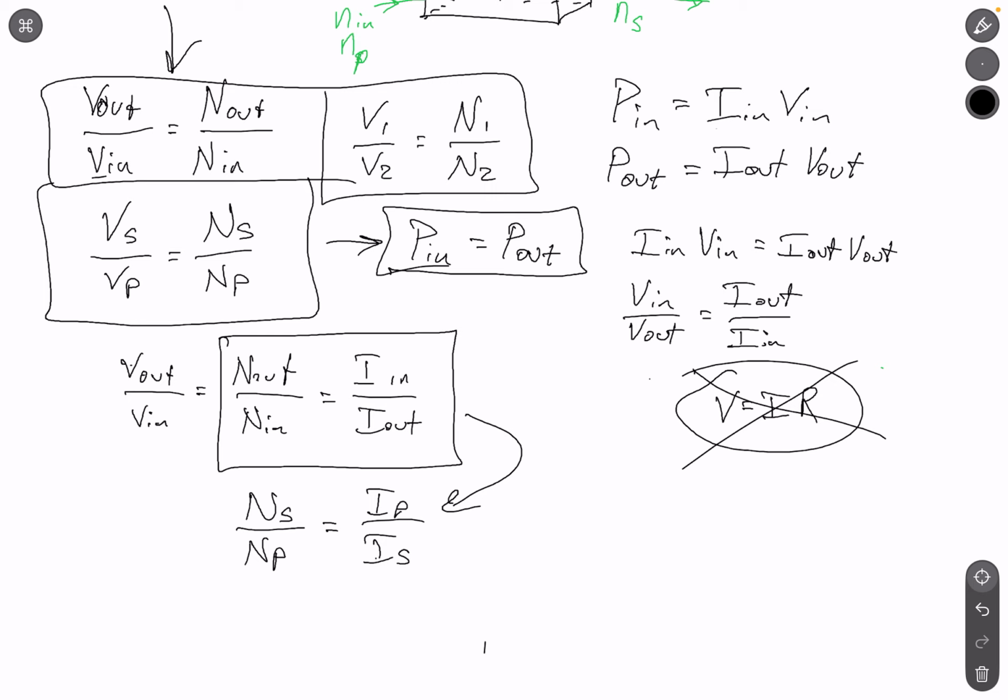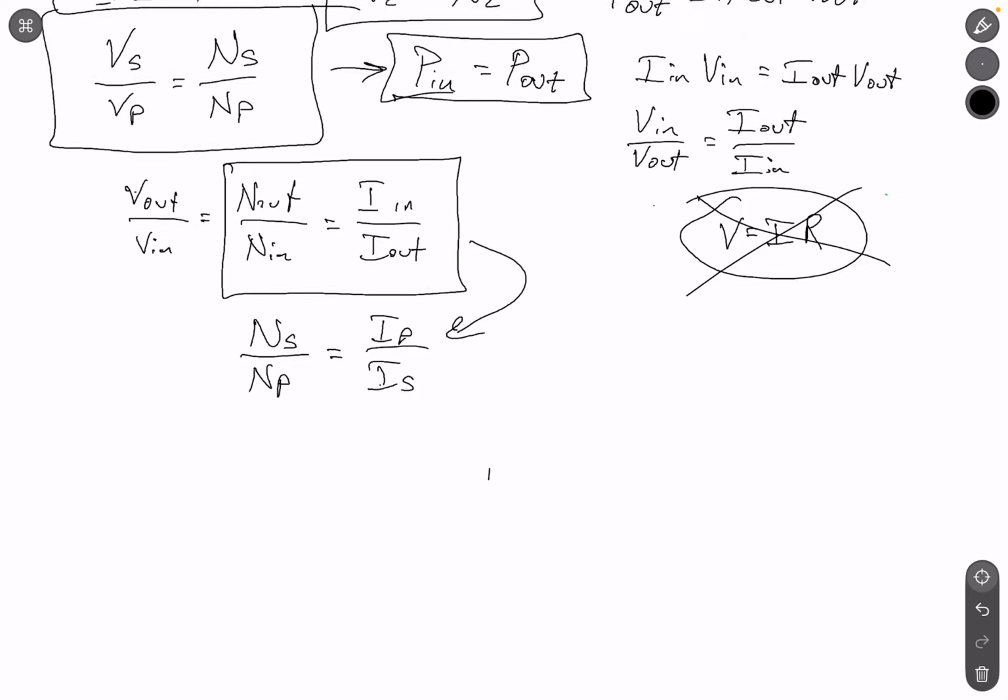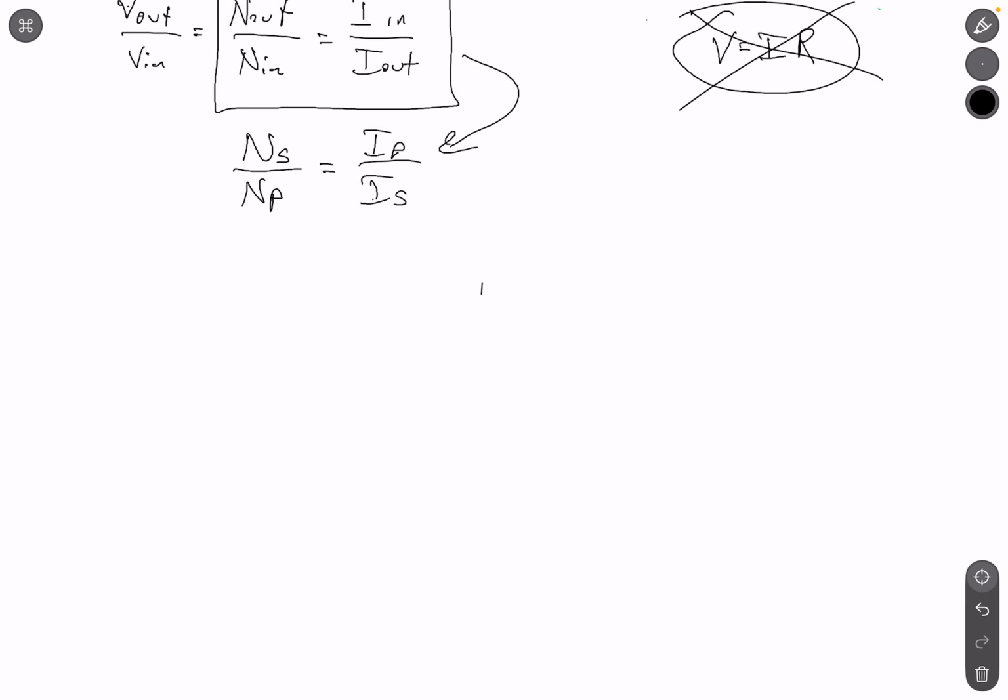I can't remember everything. What? You guys want me to remember everything? Okay. So that's it. That's for transformers. Let's move upward and onward.